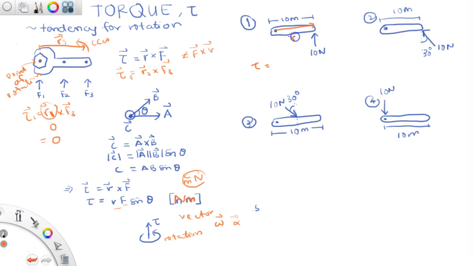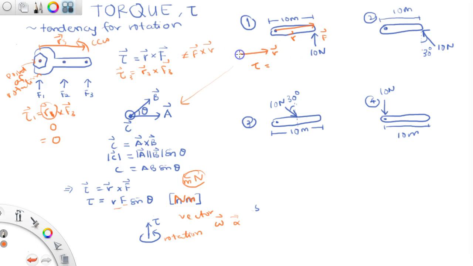This is your R vector, and this is your F vector. To determine that, you have to rearrange the vectors here. So R, and you have F here.